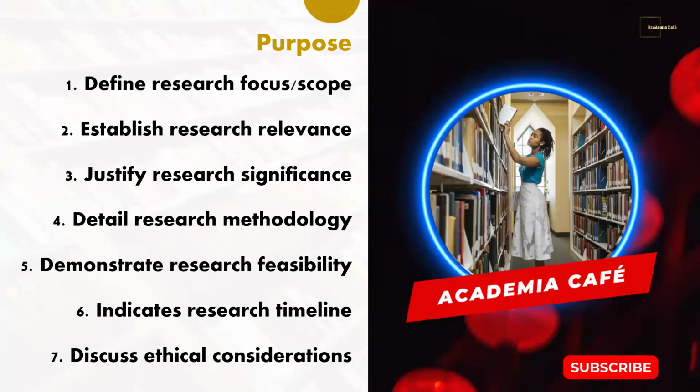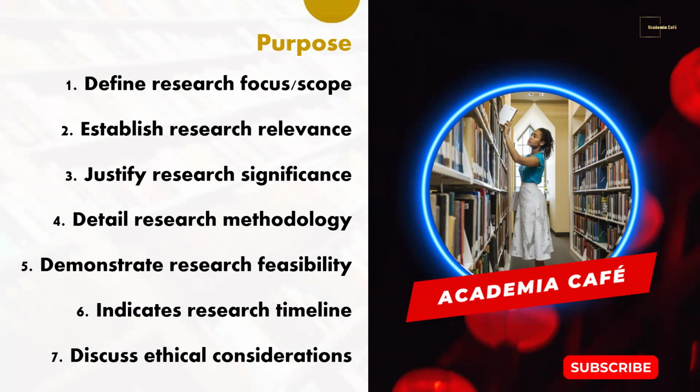And the sixth purpose: a research proposal indicates the timeline for the research, including a schedule of how and when different phases of the project will be completed. And the seventh key purpose: where applicable, proposals discuss ethical considerations related to the research and how these will be addressed.